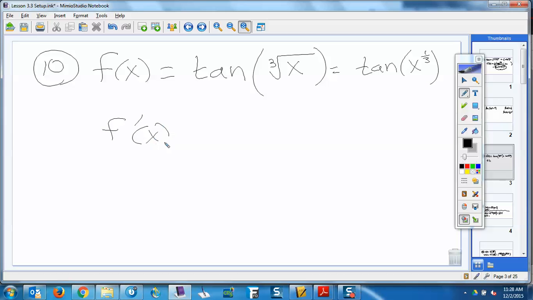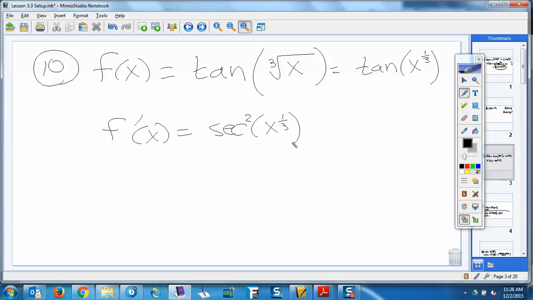So we look up on our rule sheet, the derivative of tangent of u is secant squared of u. Now again, there's that lazy notation that we use, which is fine, but remember it's the whole thing squared. Secant of u, which our u is the x to the 1/3, we leave the inside alone, right?